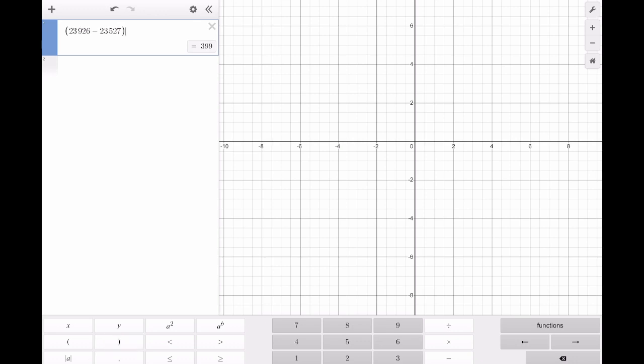So we know there was an increase of 399 people in state A. And we're going to divide by the original, which was 23,527. And we get 0.016959, etc. So I want to change that to a percentage. So what I'm going to do is multiply by 100, or just move the decimal 2 places to the right. So if I move the decimal 2 places to the right, I'm going to end up with 1.696. Okay, so basically, 1.7% increase.